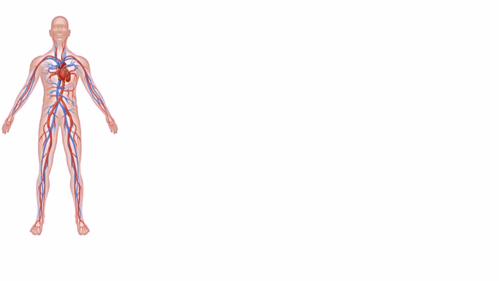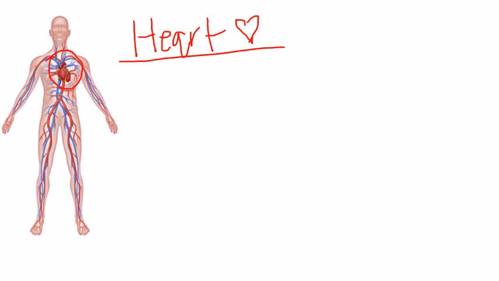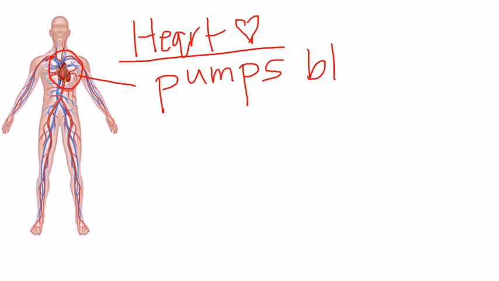So let's begin by talking about the heart. The heart is an organ. It's right here, obviously in your chest. It's an organ that's responsible for pumping blood. It is the pump that pushes the blood throughout your body. It's a hollow organ that's made up of four chambers.